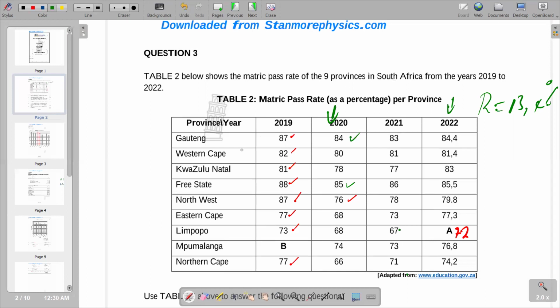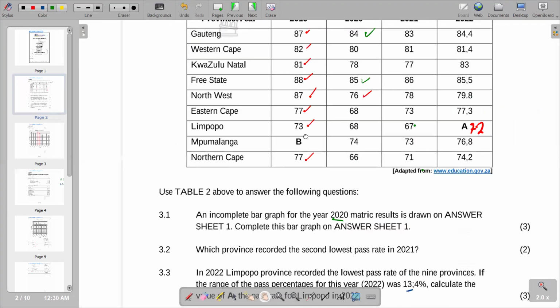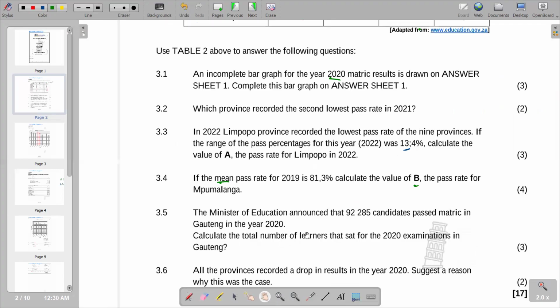So basically, we are saying 84% of the total number of learners will give you 92,285. So we find the figure by simplifying that formula.